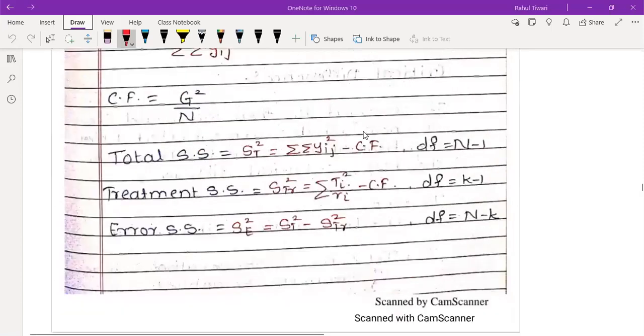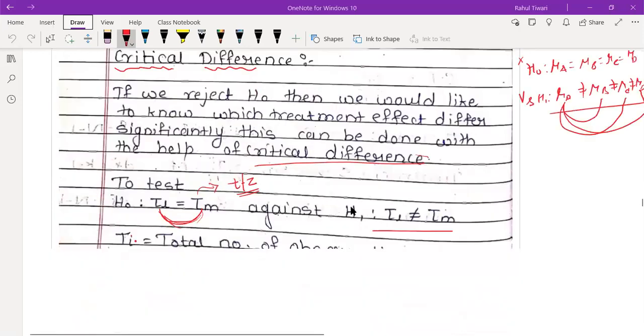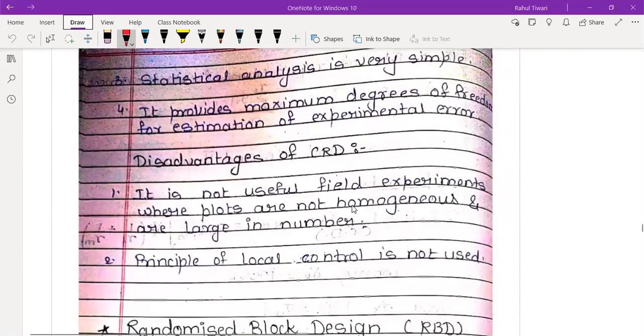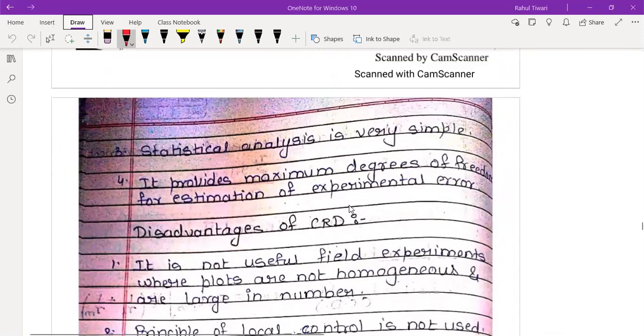And you know how to do a one-way ANOVA problem within 5 minutes on a calculator, right? That is all simple for you. The only thing is that you should know the notations, how they can be properly written. It provides the maximum degrees of freedom for estimation of experimental error.